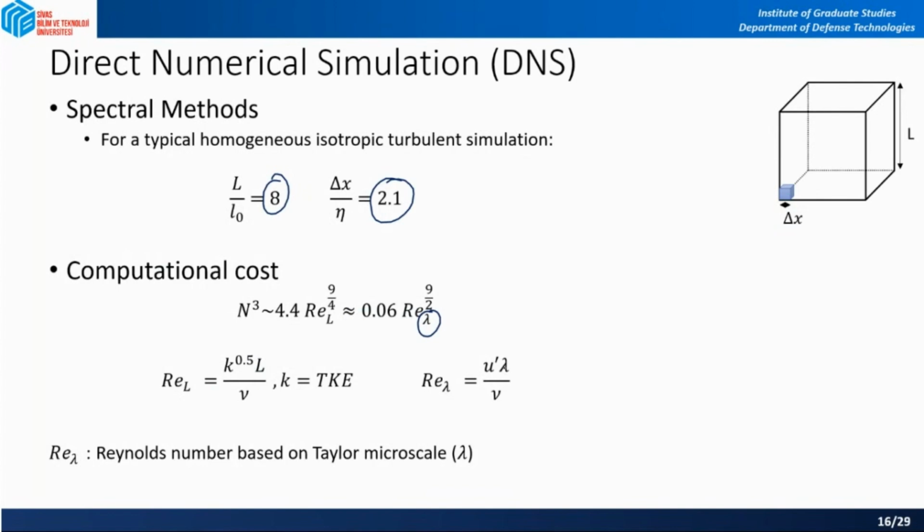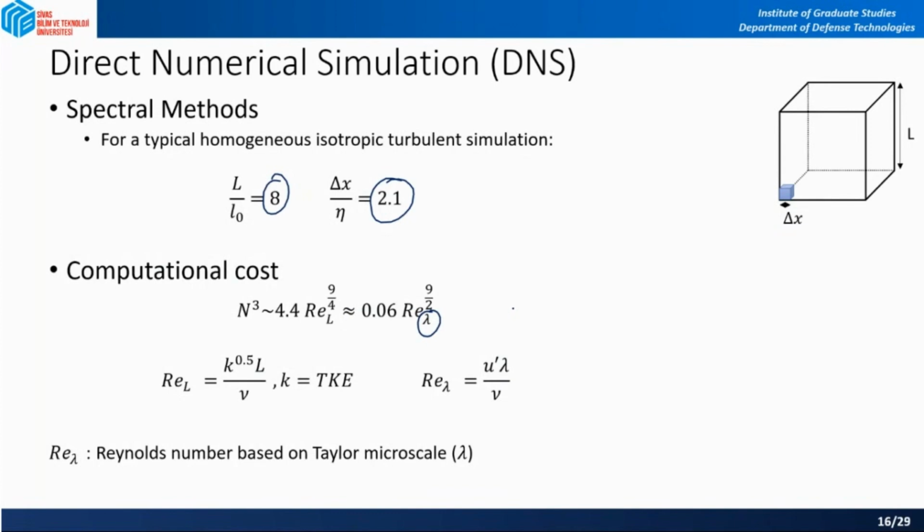The important thing here is the cost of computation. You see in the Reynolds number, if you just increase the Reynolds number 2 times, the computational cost will increase nearly 35 times. I will explain it again.